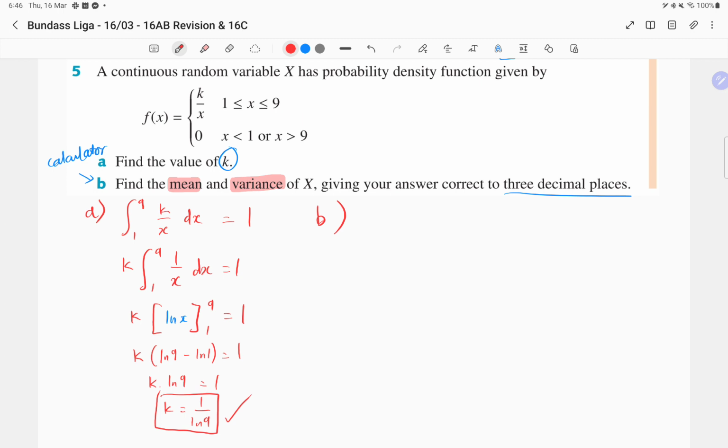Find the mean and variance of x. Just use your calculator.